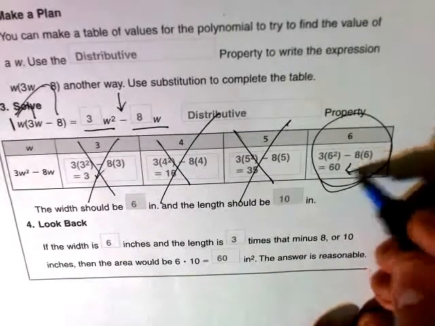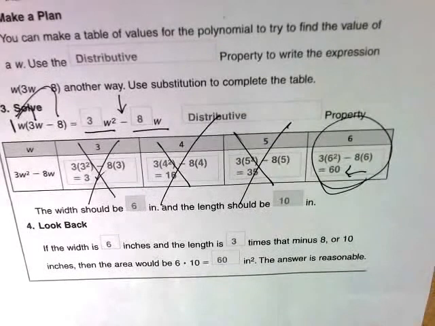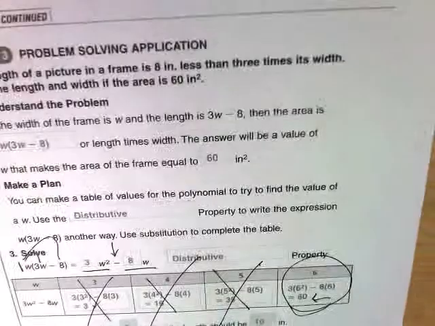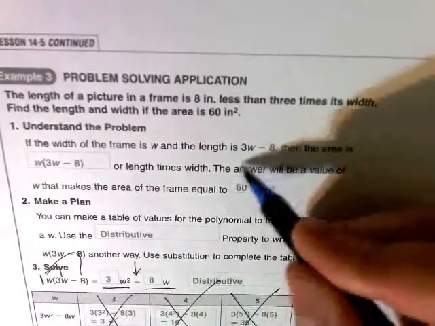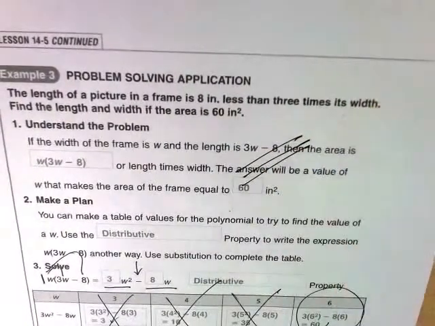Well, that's great because we've got a solution of 60. The question said the area is going to be 60. So plugging in 6 gave me the correct width. All right, so now that I know that W equals 6, now I'm going to apply it to that polynomial to find that length. Remember, that polynomial is what we found way back up here in step 1 for the length. It's this 3 times W minus 8.